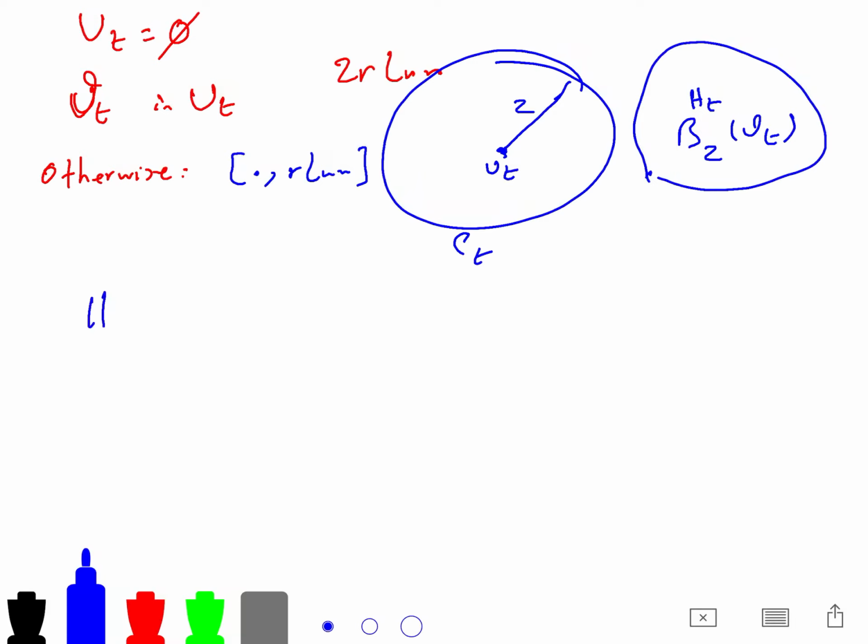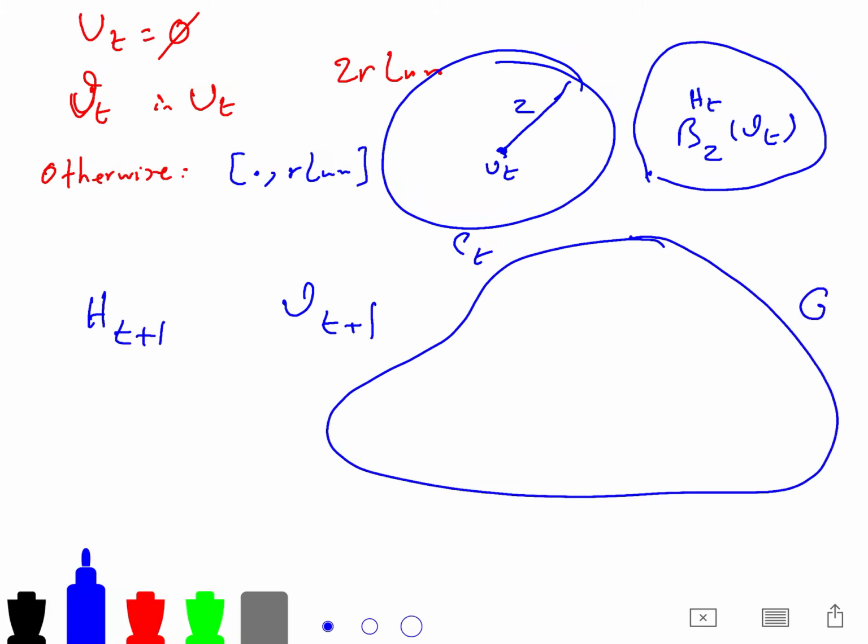And so H_{T+1} is the subgraph of G induced by U_{T+1}. And this is a loop. So, but the analysis, first, this is G. It has some vertices. At the first stage, we have this cluster only, and the rest.